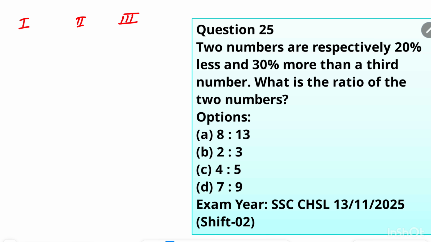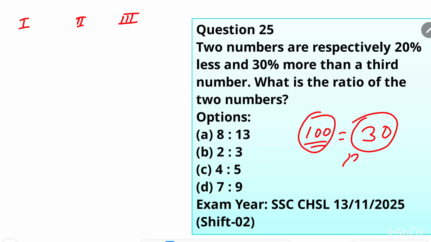If I ask you 30% of 100, you will quickly say, sir, 30% of 100 is just 30. If you add 30% of 100 to 100, how much will it be? It will be 130, right?